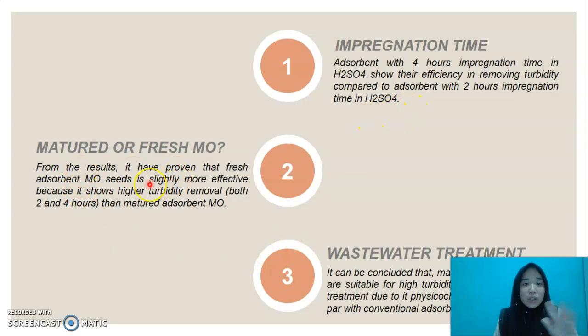From the results, it has proven that fresh adsorbent Moringa oleifera seeds is slightly more effective because it shows high turbidity removal, as I showed in the graph, compared to both 2 and 4 hours matured adsorbent Moringa oleifera. So it can be concluded that matured and fresh Moringa oleifera seeds are suitable for turbidity removal for wastewater treatment.